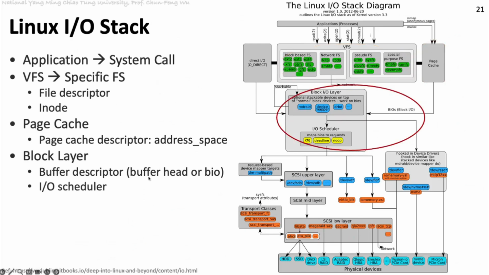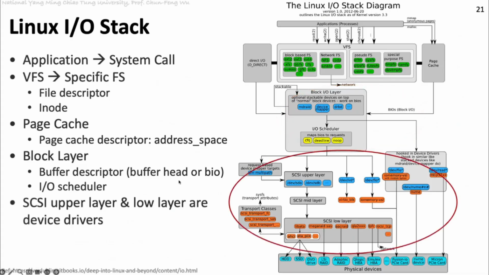For example, if the data is not in memory, then where is the data in the storage device? So there is a bridge between the storage device and the file systems. In the block layer, there are the buffer descriptor, buffer head, and BIO. And then we also learned about the devices here. There are hard disk drives and solid state drives.